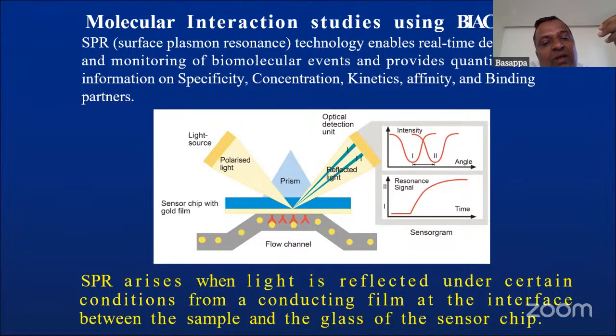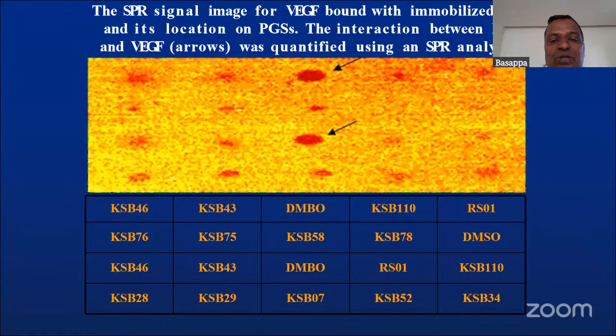When we passed the growth factors or cytokines over the respective ligand library, we could see such an interaction if there was one. That was quantified using an SPR analyzer. This slide gives the vascular endothelial growth factor binding to the respective compounds, which we named in the later table.